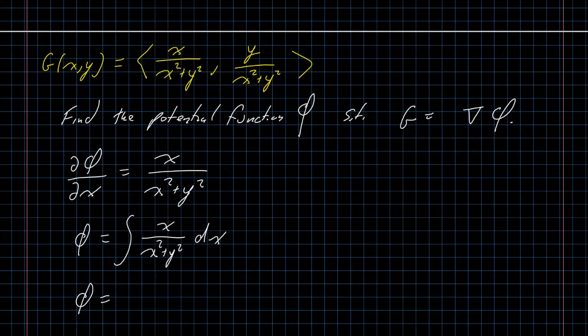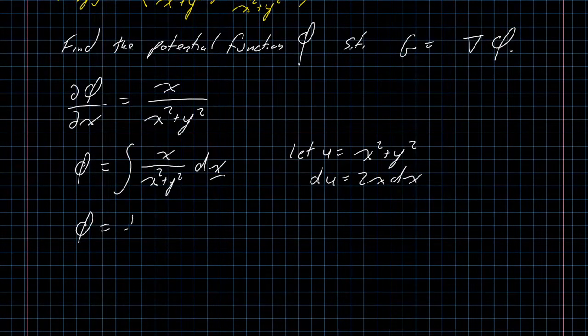All right, to perform this integral, it looks really intimidating until you realize that if you let u equal x squared plus y squared, and remember that y is constant with respect to x, that du is 2x dx. So this really is 1/2 the integral of du over u.